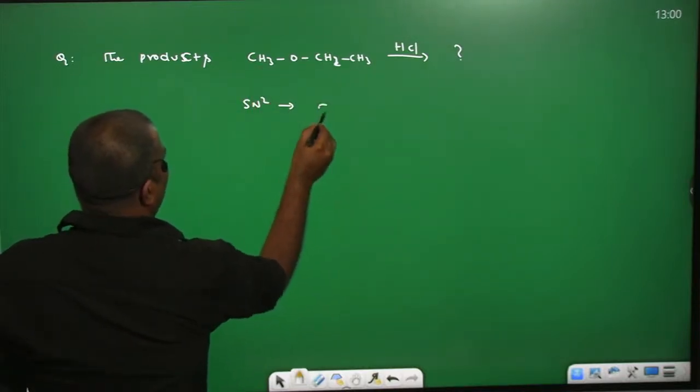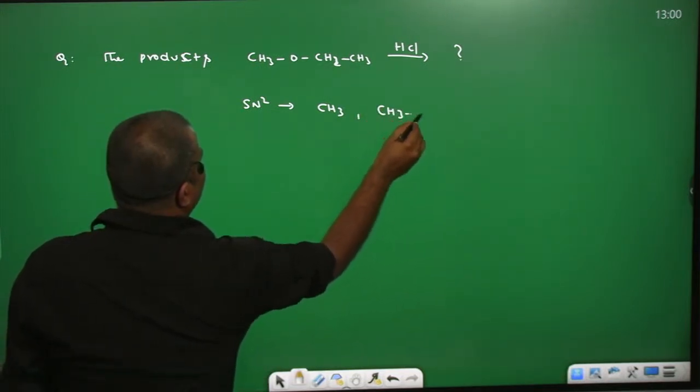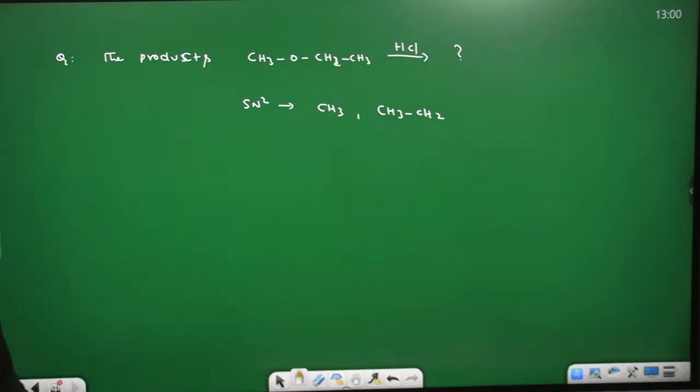In SN2 we have CH3 as one alkyl group and CH3CH2 as the other alkyl group. In SN2, which has more reactivity, as we discussed already?